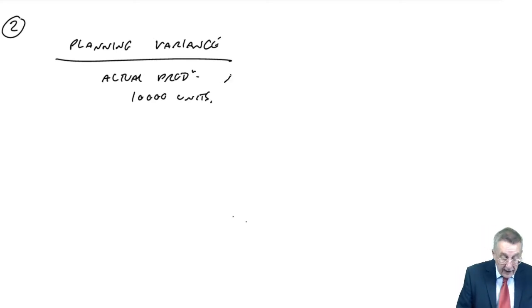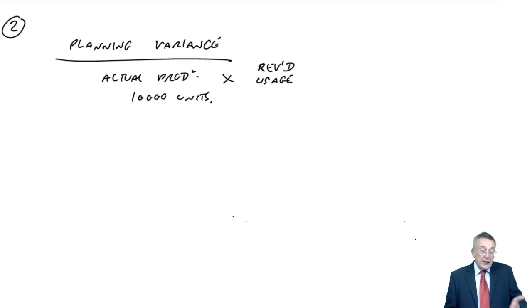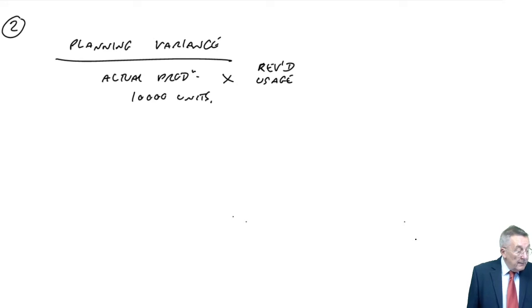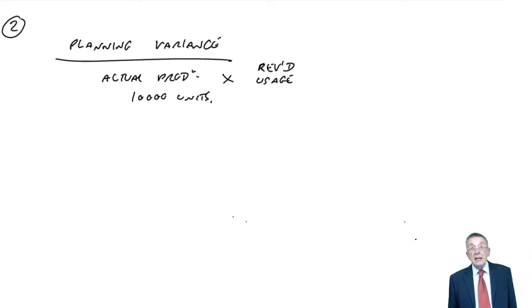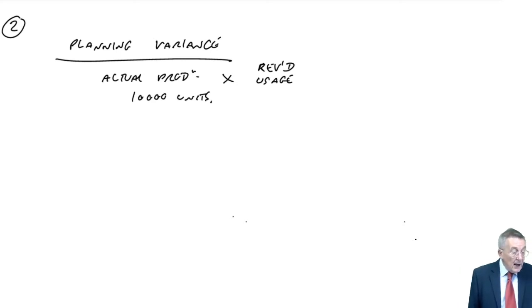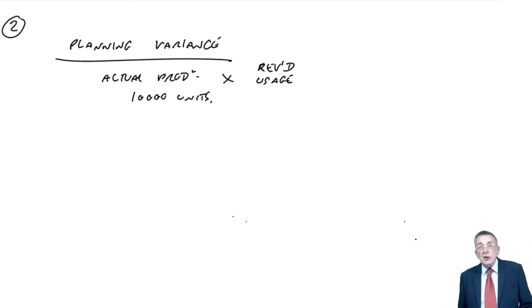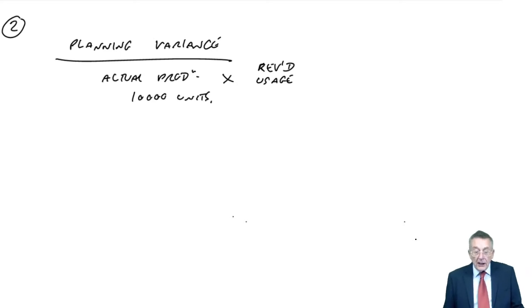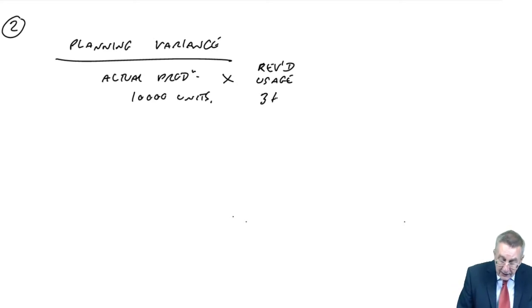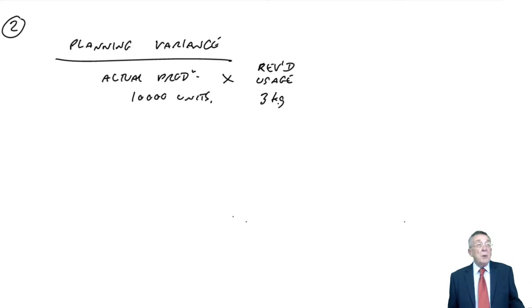We take our revised usage. Although I'm writing it generally here, in your sort of question, it'd be like this one, that the standard usage was 3 kilos a unit. There's nothing to tell us that that needed changing. And so we still expect, I'm not saying what we actually use, we still expect to use 3 kilos.